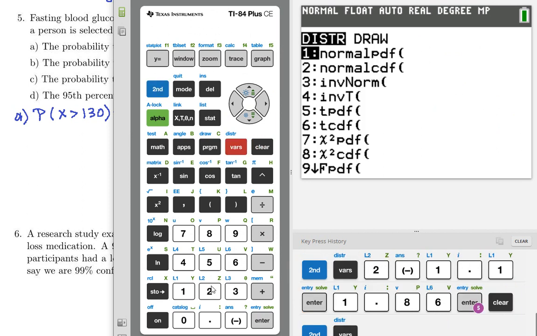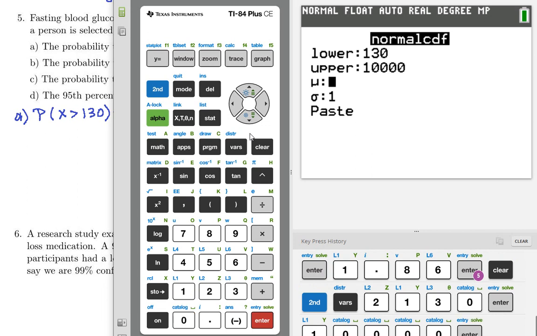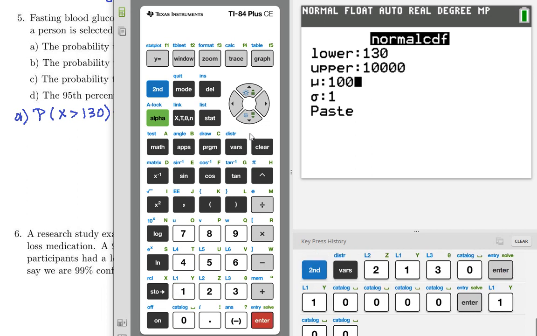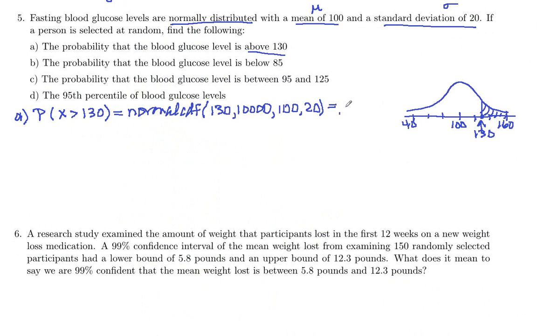Second variables, number 2 again. Our lower bound is the 130. Our upper is the 10,000. Our mean now is 100 and standard deviation 20. Paste it, enter: 0.0668. So there's about a 6.7% chance that a randomly selected person would have blood glucose above 130.